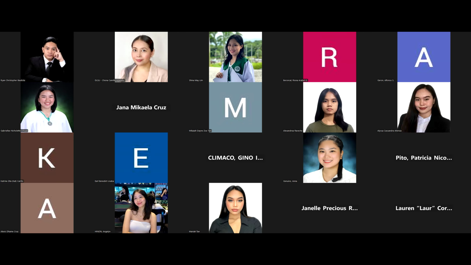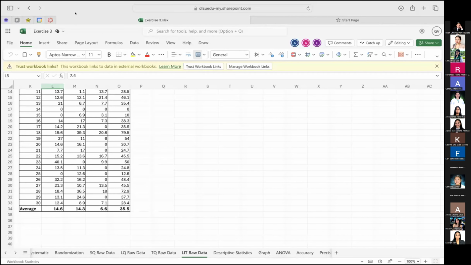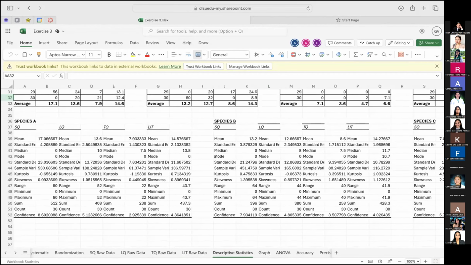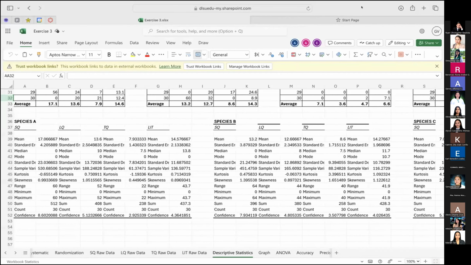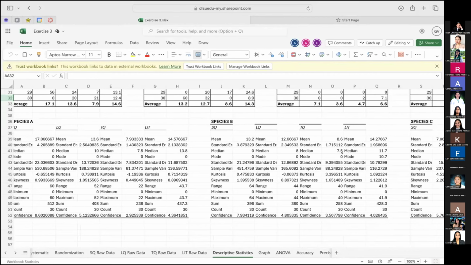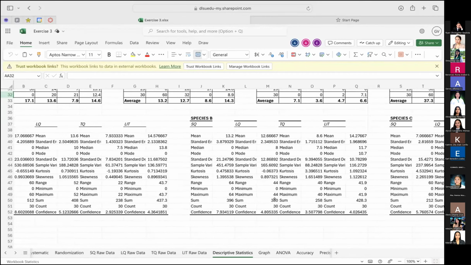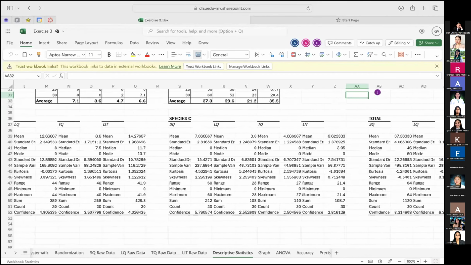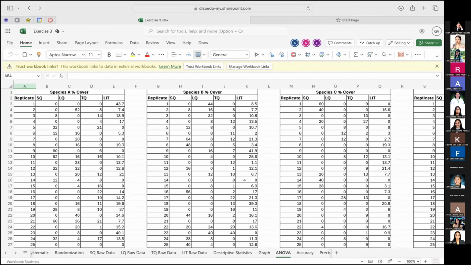Please stop sharing. Group 2, will the same person be sharing? Yes po, miss. Okay, can I see your statistics, please? Okay, descriptive stats. Okay, that's fine. Your ANOVA. I'm assuming it's ANOVA because there's a sheet that says ANOVA. Okay, where is the ANOVA?